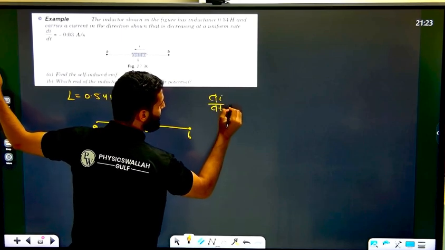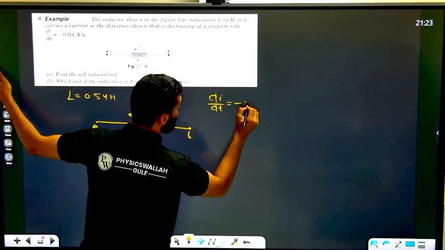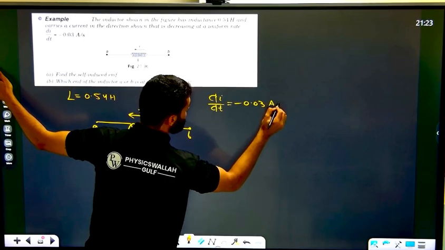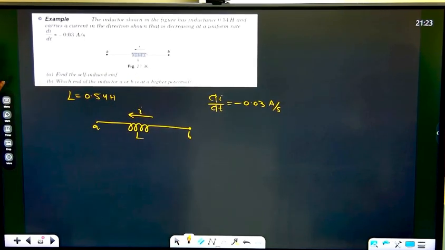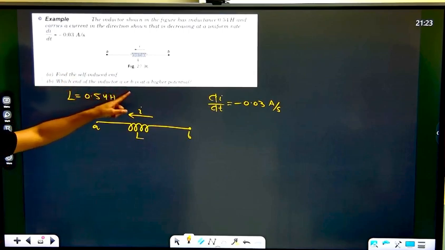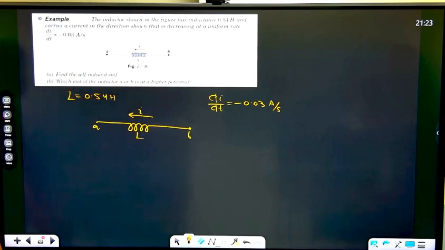Is it increasing or decreasing? Minus 0.03 ampere per second. It's decreasing at this rate. Find the self-induced EMF and which end of the conductor will be at higher potential and lower potential.